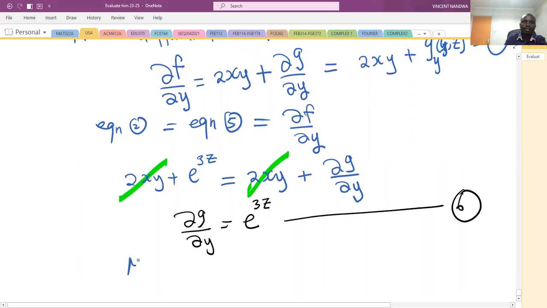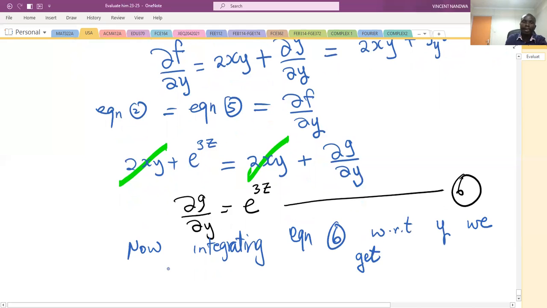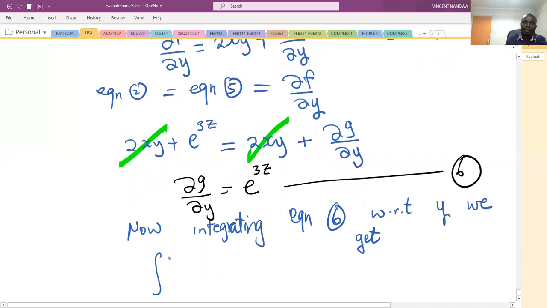Integrating equation 6 with respect to y, we get the integral of partial g partial y dy equals the integral of e raised power 3z dy.